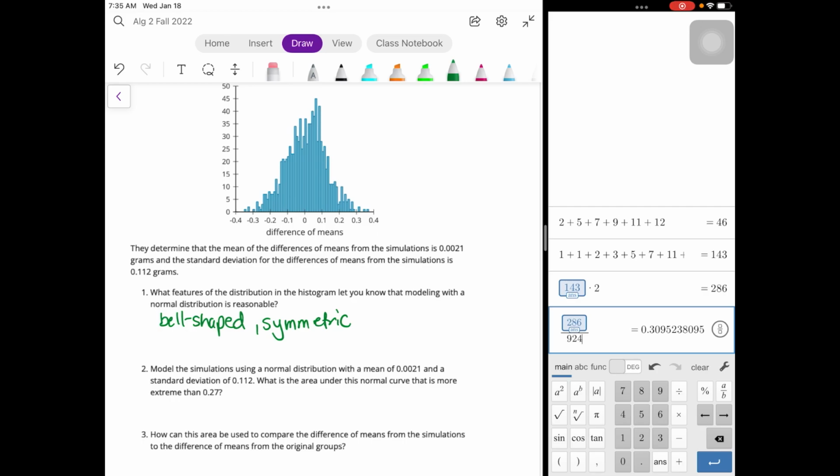Model the simulations using a normal distribution with a mean of 0.0021 and a standard deviation of 0.112. What is the area under this normal curve that is more extreme than 0.27?